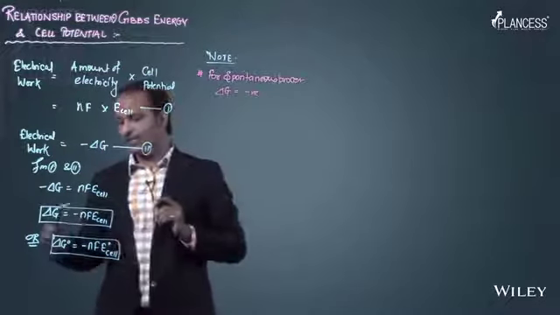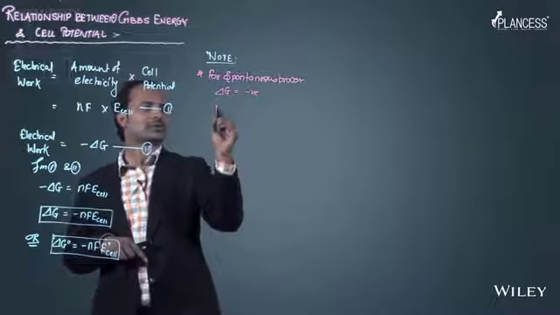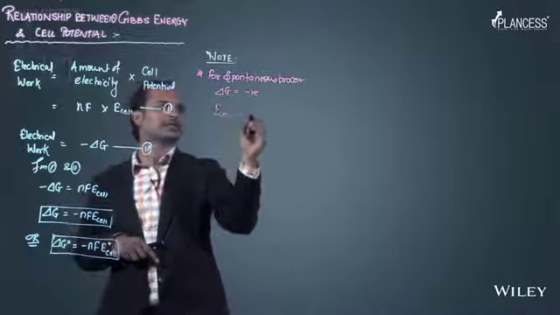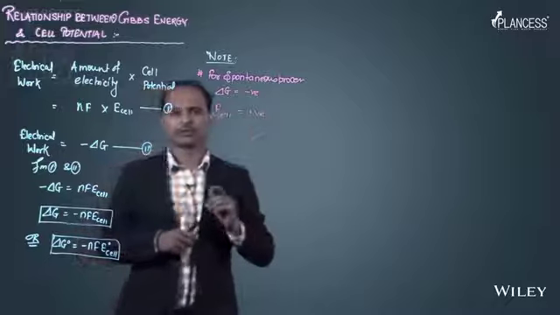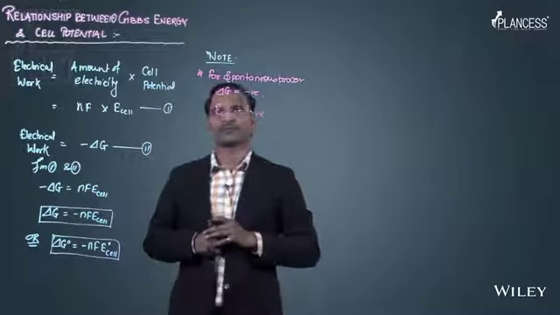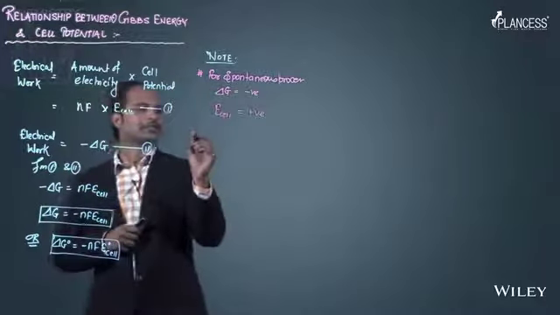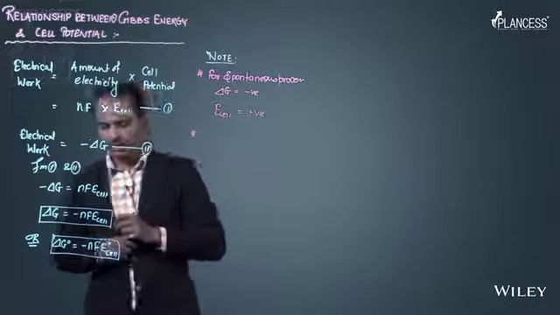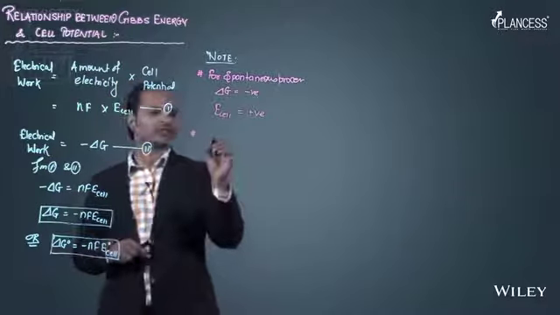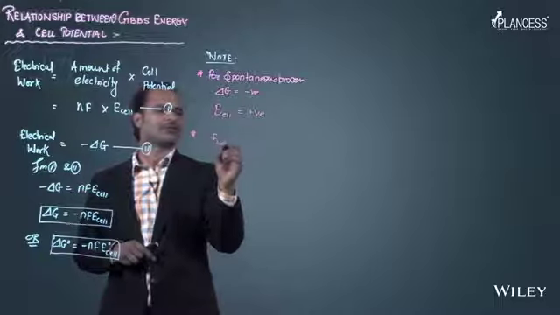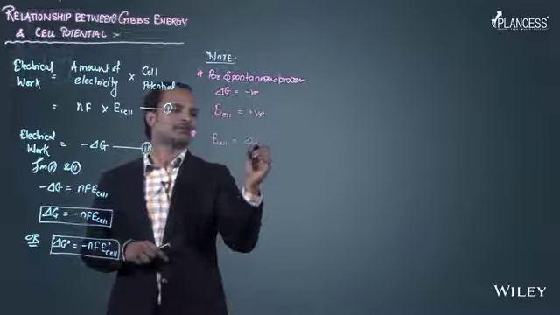And if the delta G is negative, then minus minus will get cancelled, and so I can say that E cell is positive. Then the second very important point is that if you make a formula for the E naught cell or E cell, then E cell will be delta G upon nF, I can say.